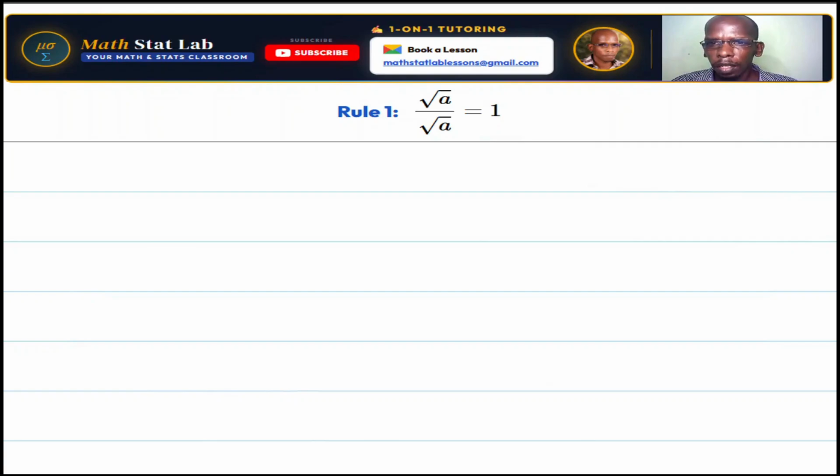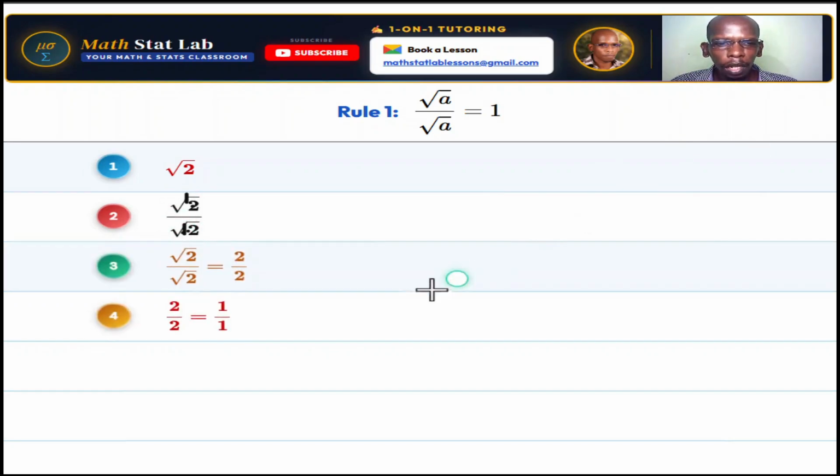So let's say, for example, we have the root of 2. Then I take the root of 2 and divide it by the root of 2, meaning I took a surd and divided it by itself. What will happen is this root will cancel with this root, and we are left with 2 divided by 2, because the two roots cancelled.